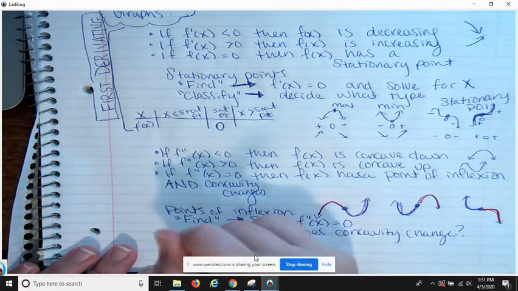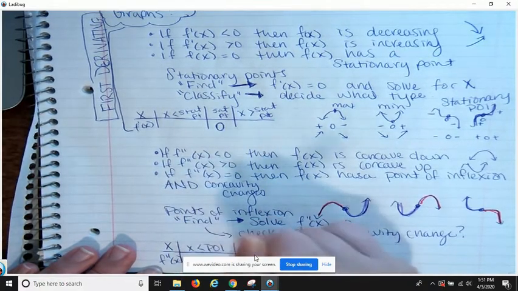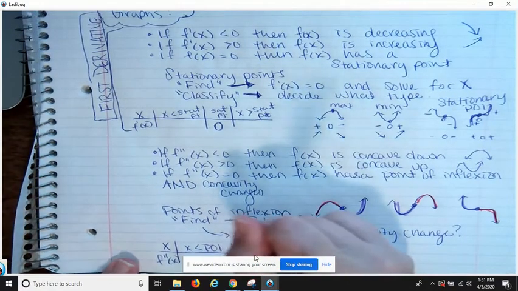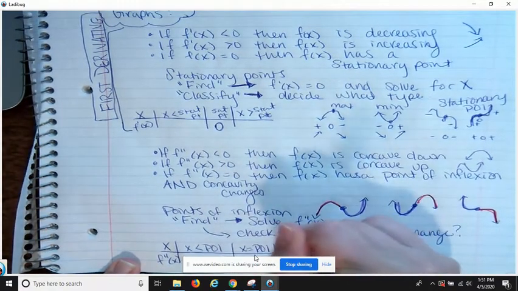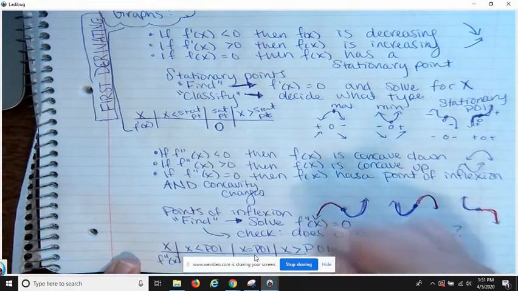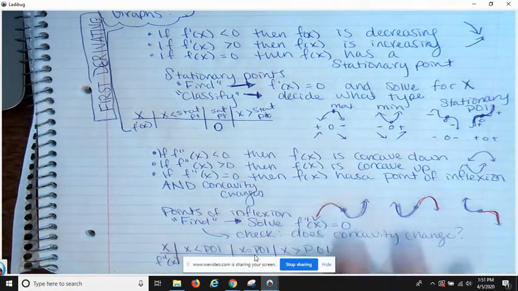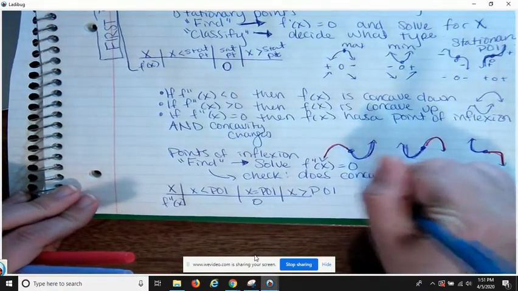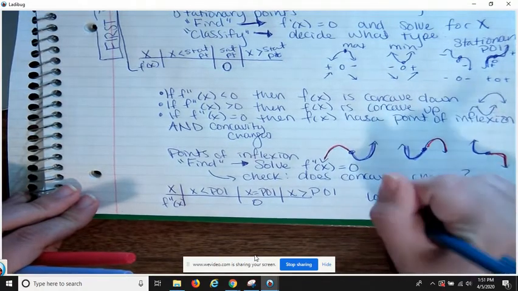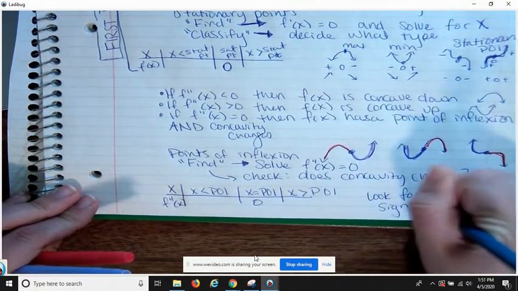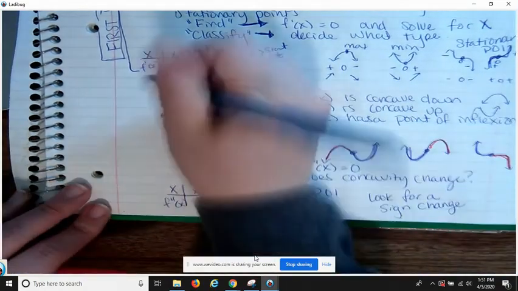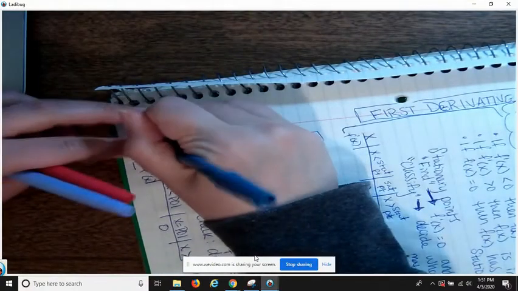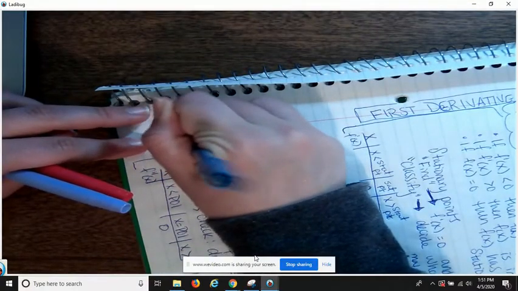We pick an x value less than our point of inflection. We pick our point of inflection. And then we check when x is greater than our point of inflection. It's always going to be 0 at our specific point of inflection. And we have to look for a sign change. Okay, so all of this stuff right here is for our second derivative.